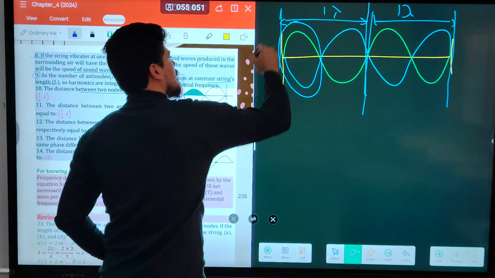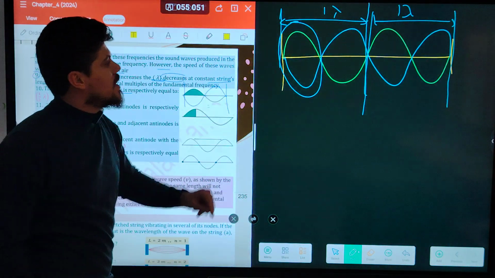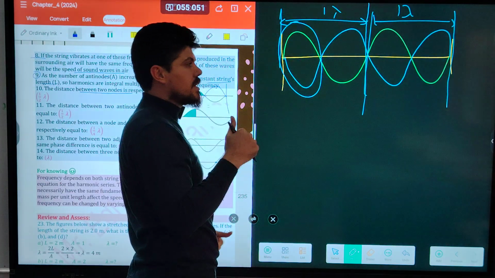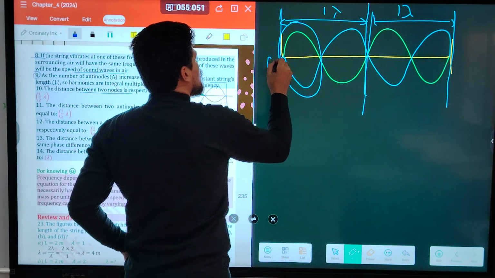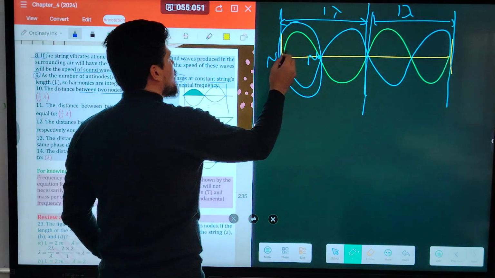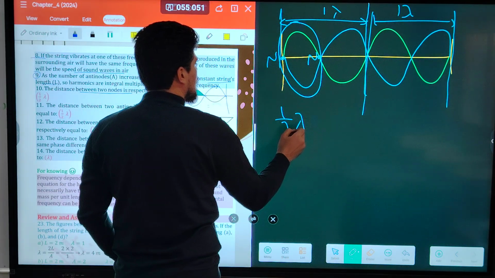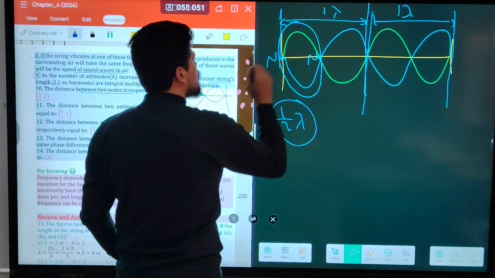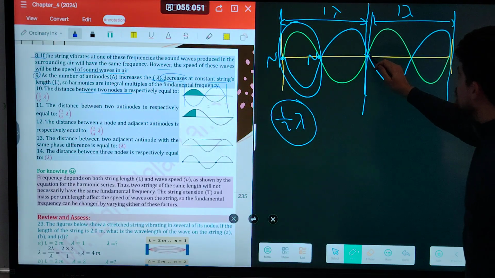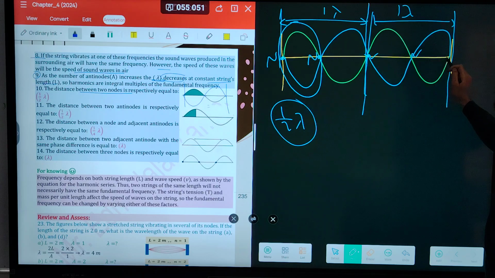Guys, each circle corresponds to half a wavelength. How many circles do we have here? Two circles. Two circles means one wavelength. Distance between two nodes, node and node: how many wavelengths do we have? Half a wavelength between two nodes. What about between three nodes? 1, 2, 3.